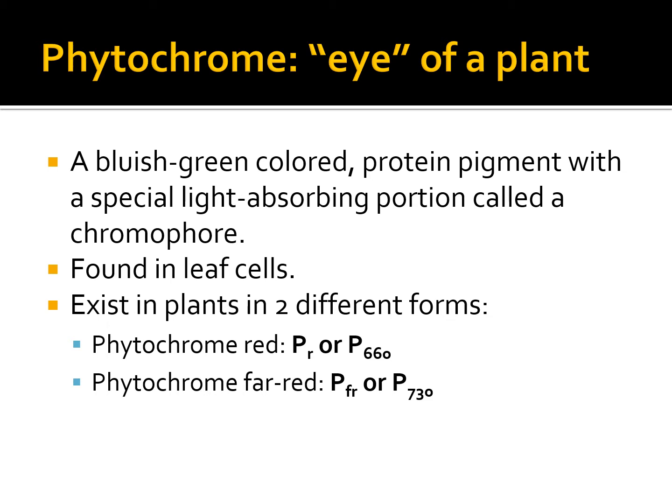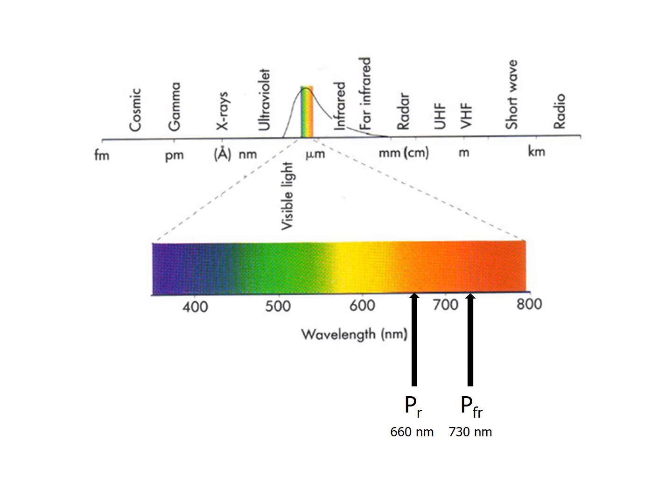And it's important that you understand, we use kind of a shorthand notation to describe these two different variations of phytochrome. So phytochrome red is the capital P with a little r subscript. That stands for phytochrome red. Phytochrome far red is the capital P with the FR subscript. So this goes back to the electromagnetic spectrum that we discussed earlier in the video. And I wanted to show you where on the spectrum phytochrome red and phytochrome far red absorb light.